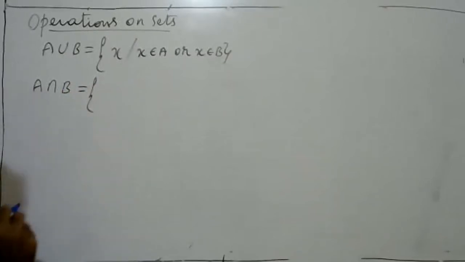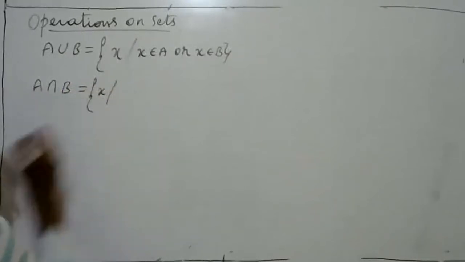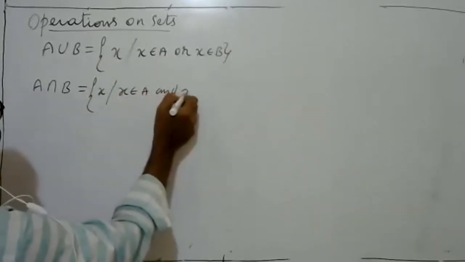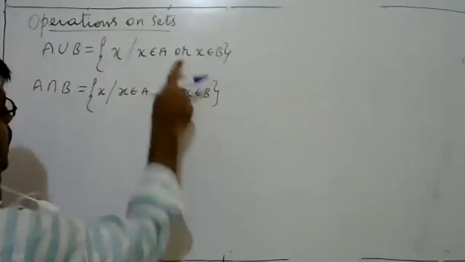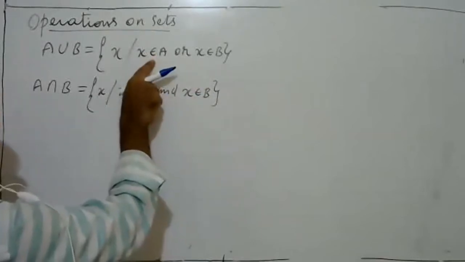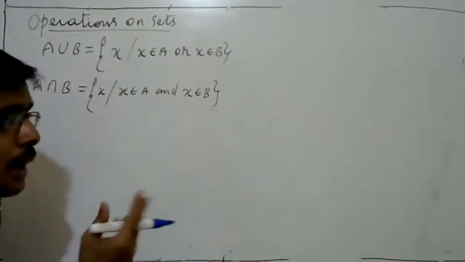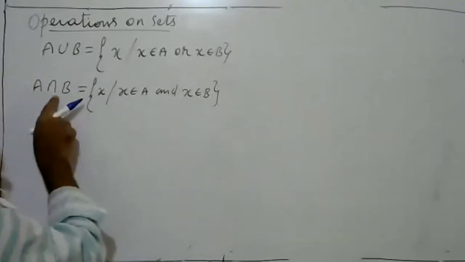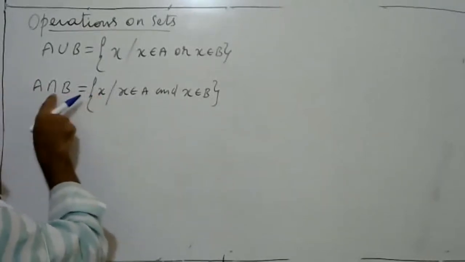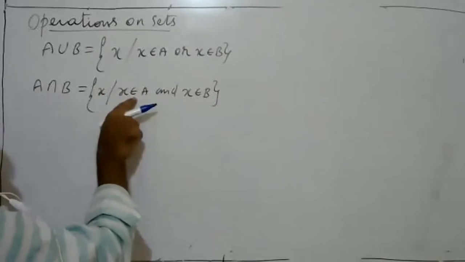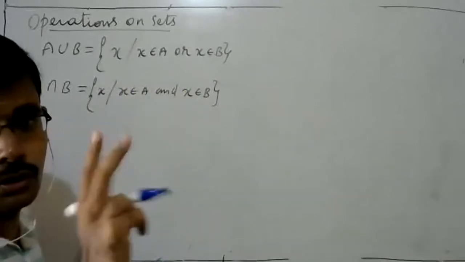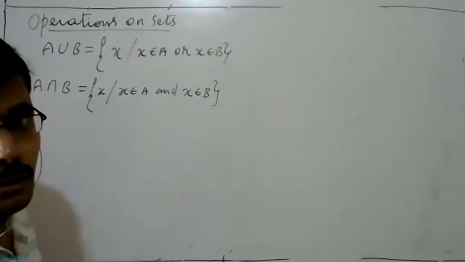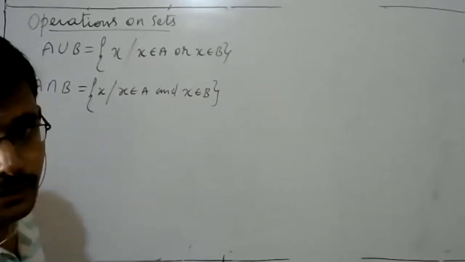It is the set of all x where x belongs to A and x belongs to B. Union means the elements may be in A, or in B, or in both. But A intersection B means x belongs to A and x belongs to B, both.